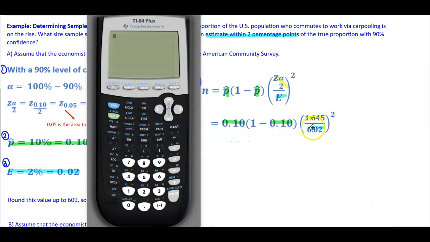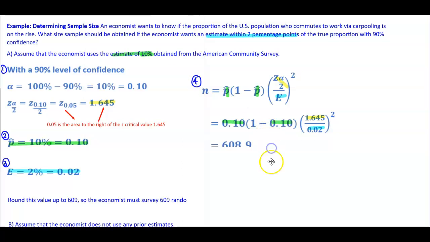Now let's use a calculator. We have 0.10 times (1 minus 0.10), then, in parentheses, we take the numerator 1.645, divide it by 0.02, and square that quantity. That gives us 608.8556.